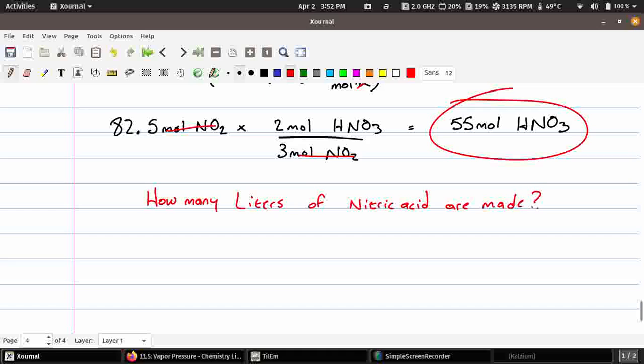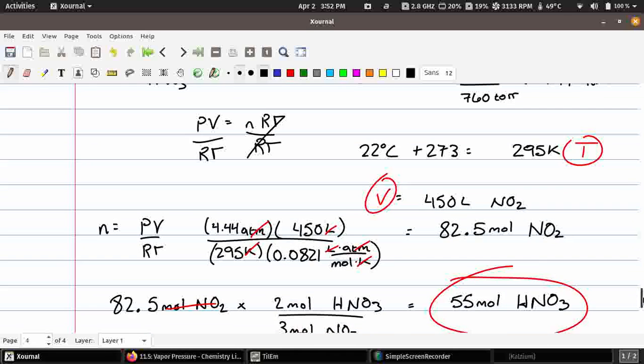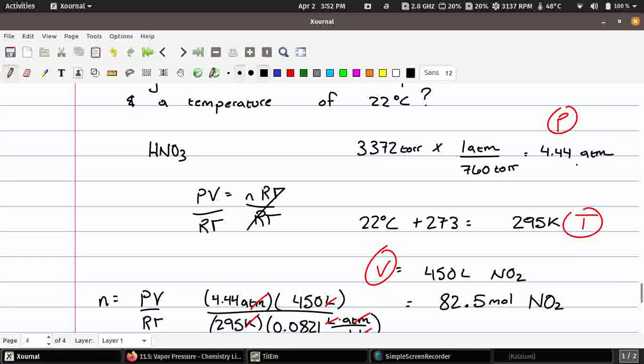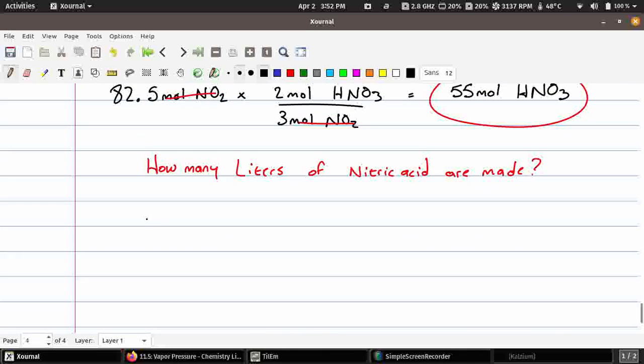Well, that's very simple. You just plug everything else back in. You have the moles, you have the temperature, and you have the pressure. So PV equals nRT. You would divide out the P, and then you have V equals nRT over P.